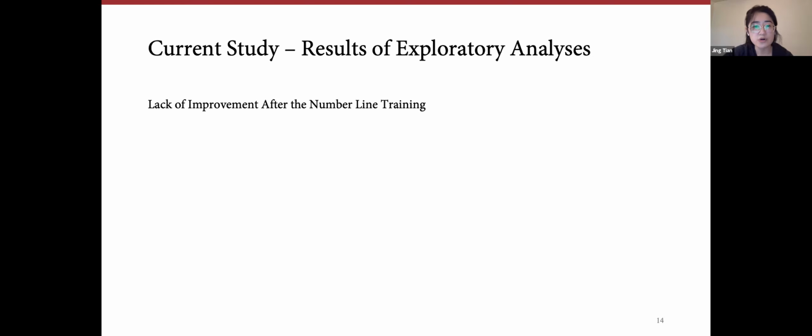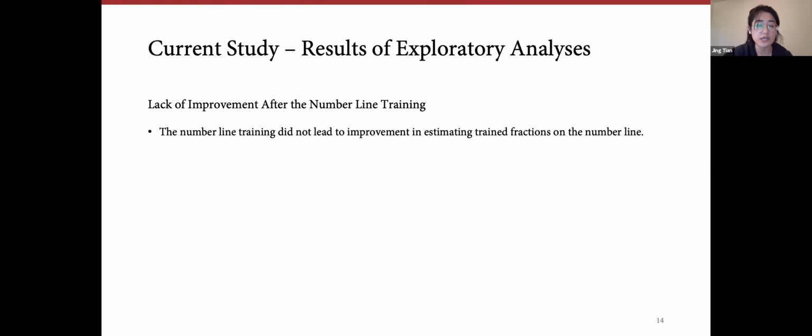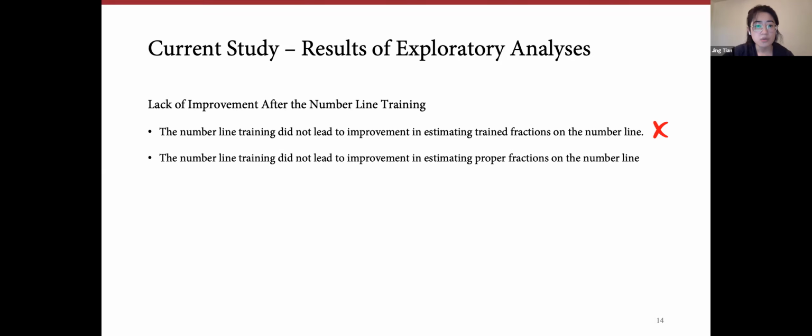The next set of exploratory analyses was trying to understand the lack of improvement after the number line training. We found that the number line training did not even lead to improvement in estimating the trained fractions on the number line. We also did not find improvement in estimating proper fractions, which the 2 prior studies did show improvements in.